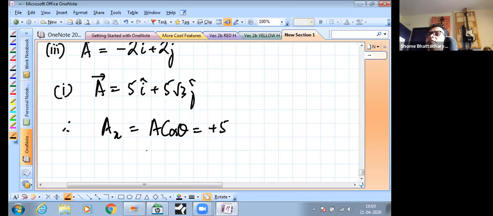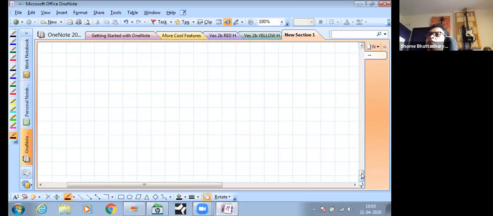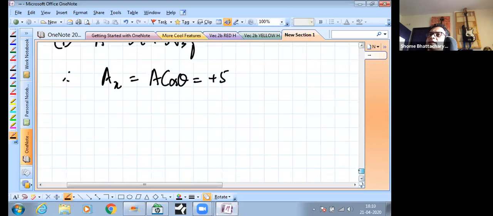Okay, so that immediately tells you two things, that the vector can either be in the first quadrant or fourth quadrant, because that is where cos theta is positive. It can't be in the second quadrant, or the third quadrant, because then it should have been negative. Now it's also telling you that the y component, which is denoted by a sine theta, is also positive. So that means which quadrant it has to be? It has to be in the first quadrant. It is plus of 5 root 3.